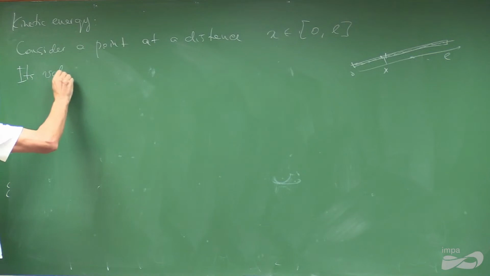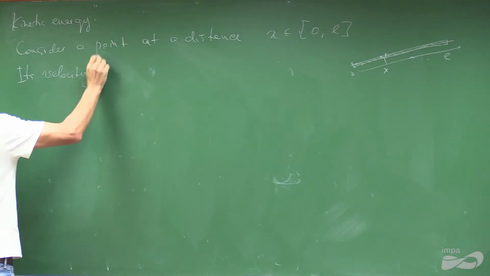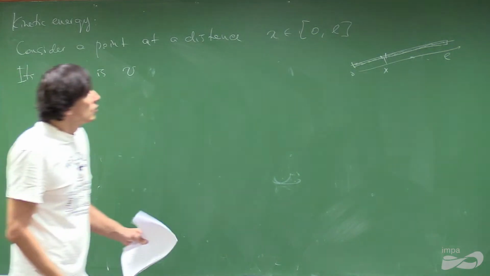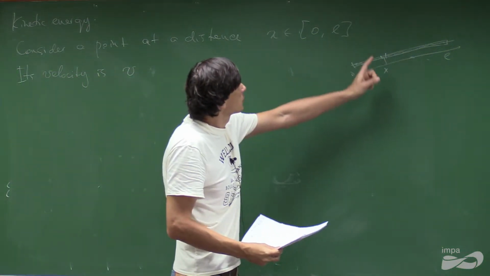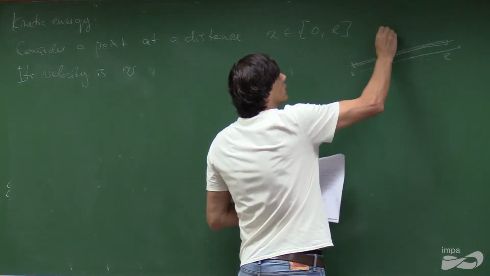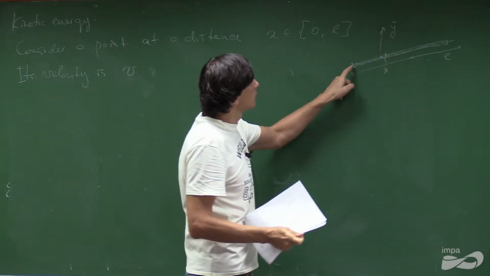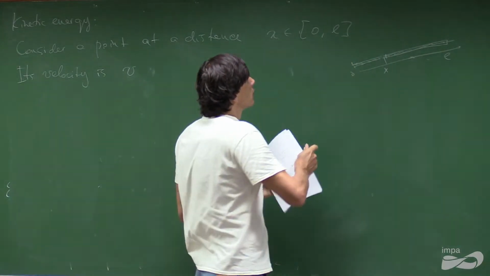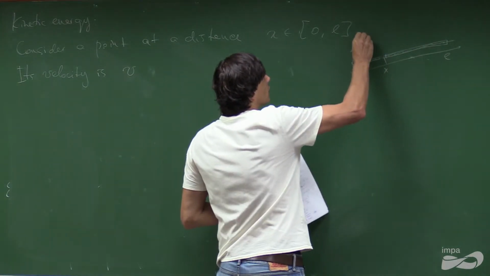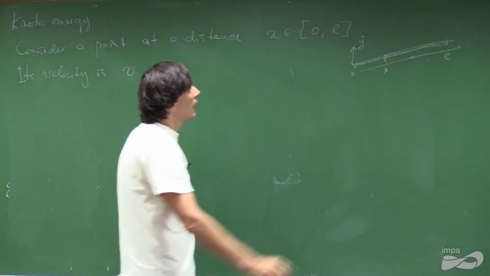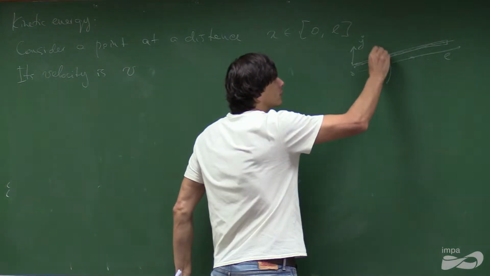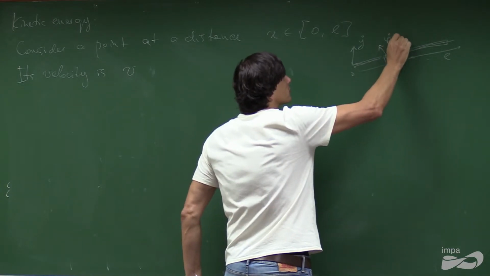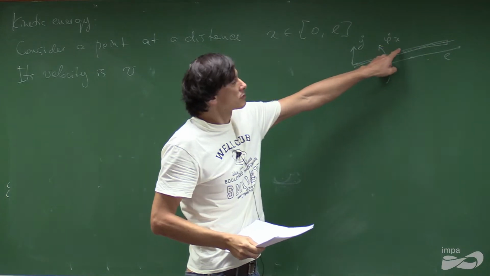Its velocity can be composed of the motion of the left end plus also the rotation, and it gives us phi dot x.